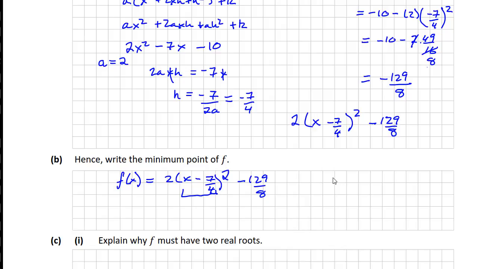So f of x will have a minimum when x minus 7 over 4 is equal to 0, which is going to happen when x is equal to 7 over 4. When x is equal to 7 over 4, f of x is equal to minus 129 over 8. So the coordinates are 7 over 4 and minus 129 over 8. And at this point, f of x will be a minimum.